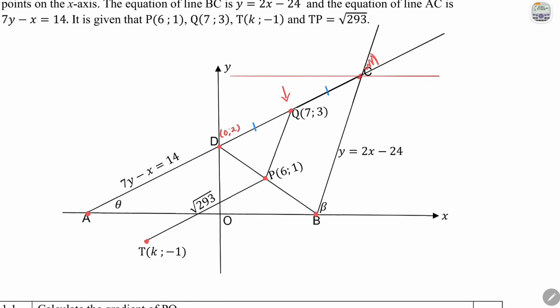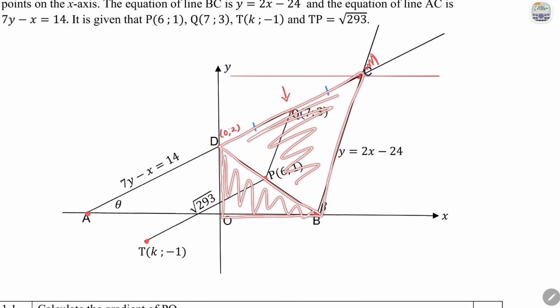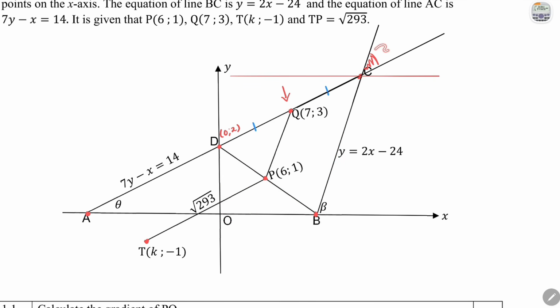But let's take advantage of the fact that we have other shapes here. So let's divide it using the shapes that we already have. See how we have this triangle, DOB. We could find the area of that triangle and then find the area of this triangle. That would work out because they told us to find the angle ACB, so we already have this.